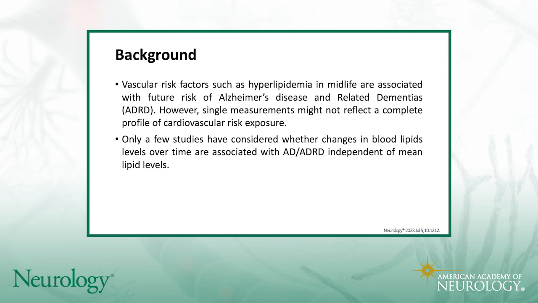But we know that vascular risk factors are also more in a dynamic status rather than just a single measurement reflecting everything. That's why in this study, the researchers decided to look at the changes in blood lipid levels over time and look at the association with incident Alzheimer's disease and Alzheimer-related dementias.